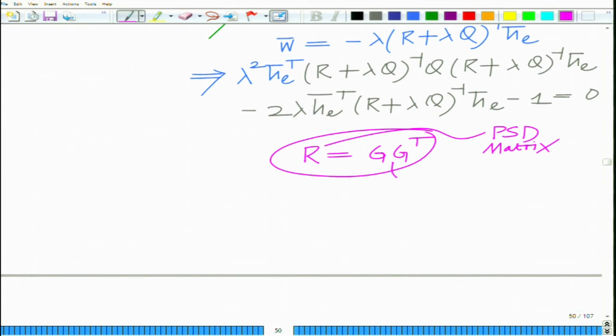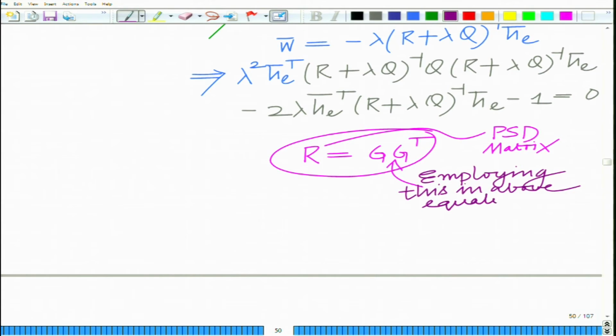Now, employing this in the above equation, this gets further involved: lambda square H bar E transpose G minus transpose, which means transpose of G inverse.